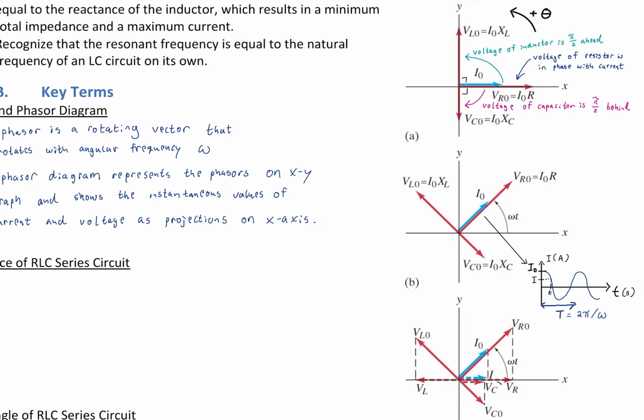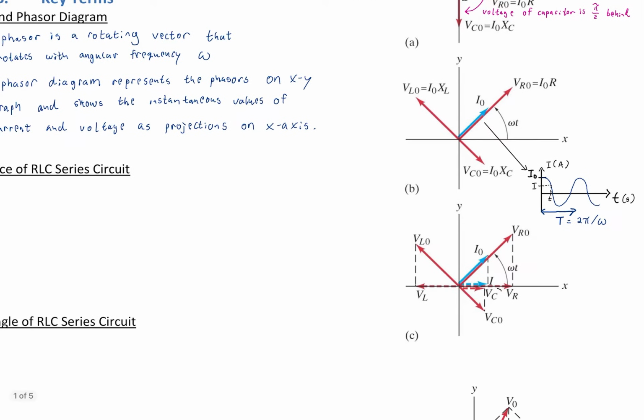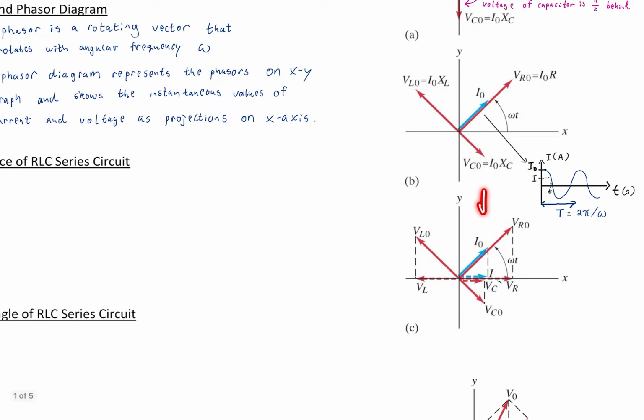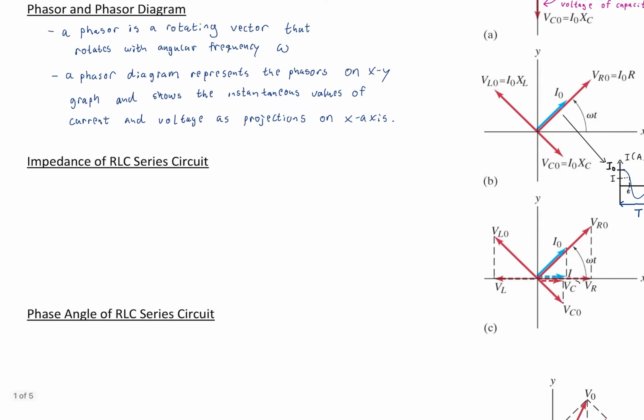And now we're going to talk about those projections, right? So that's all that's different about down here, I'm just showing the projections of the voltage across the inductor, the voltage across the resistor, the voltage across the capacitor, as well as the current from the source, all those projections onto the x-axis. And that's what the dotted lines are here, okay? All right, excellent.